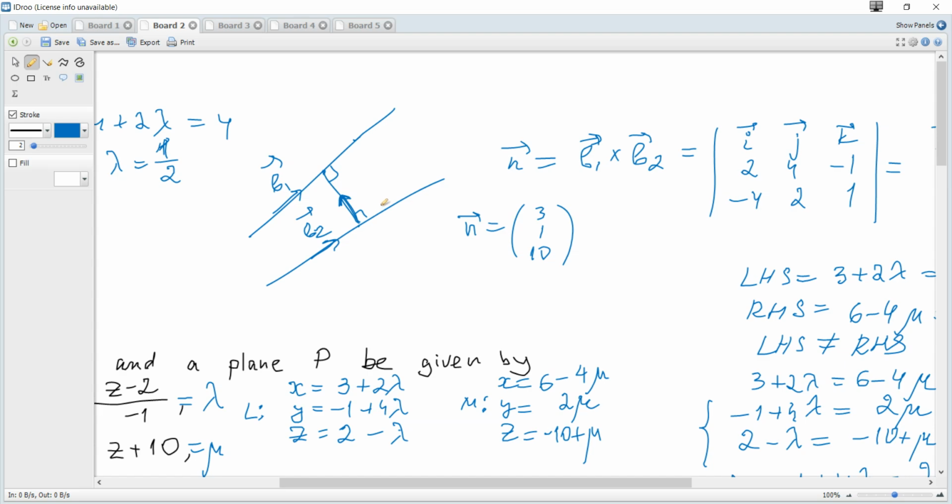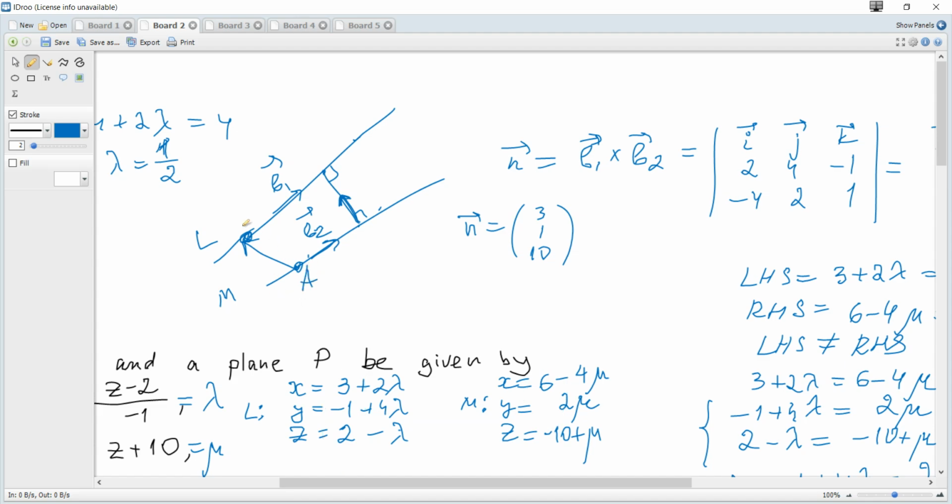Then I choose absolutely any two points without any parameters on these lines. As a point, you can see that these values are points.